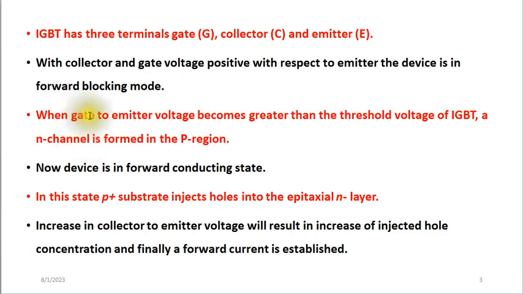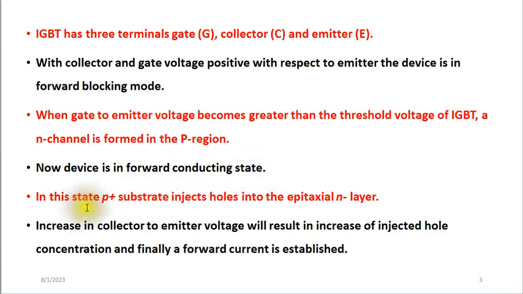Now, whenever the gate to emitter voltage becomes greater than the threshold, that's the minimum voltage for it to start conducting, the IGBT will now be in the forward bias mode, and it will be an N-channel type with the P region, as we have explained just now. When this happens, the device will now be in forward conducting state.